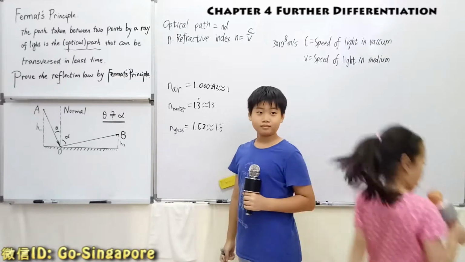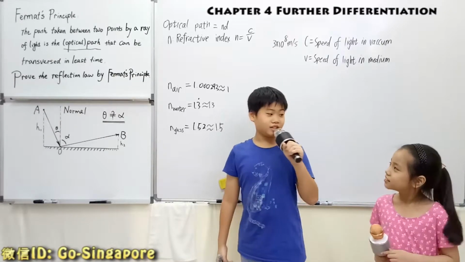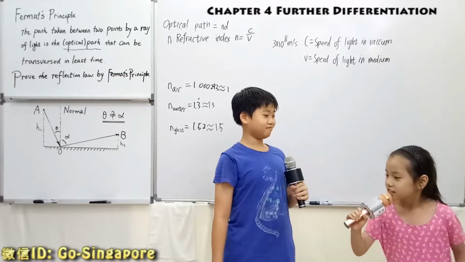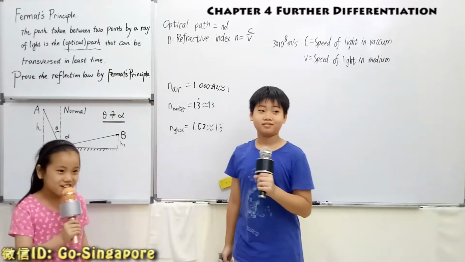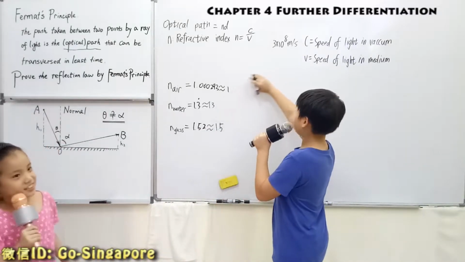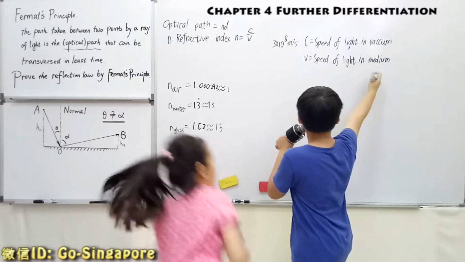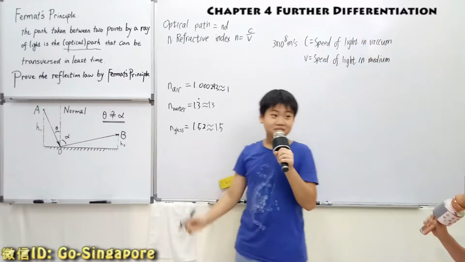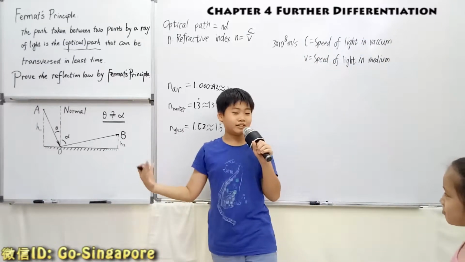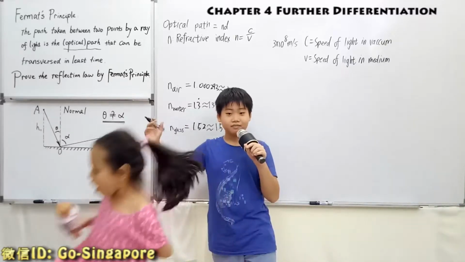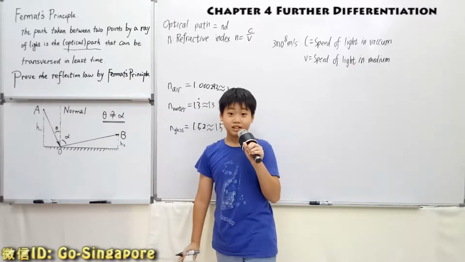Faster. What if it is 1? Faster. Unless you're in a vacuum, there is usually no such thing as faster than light, right?